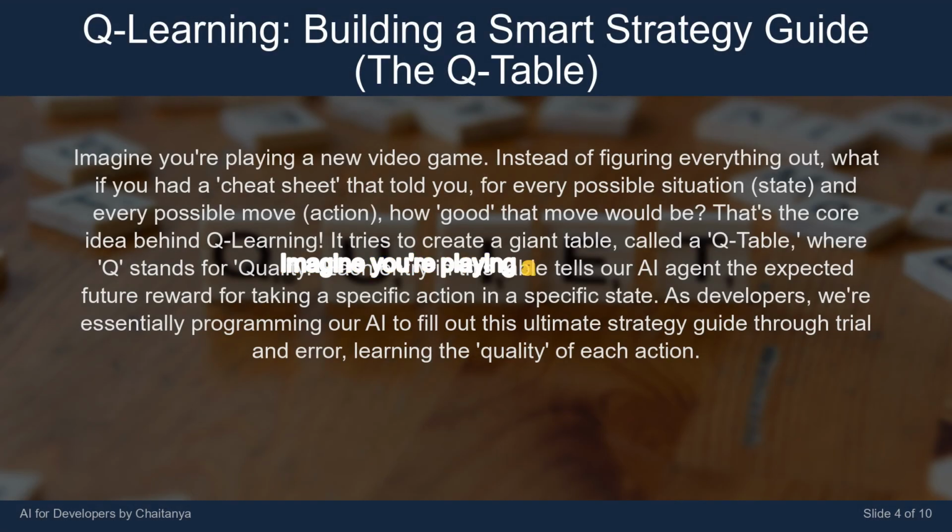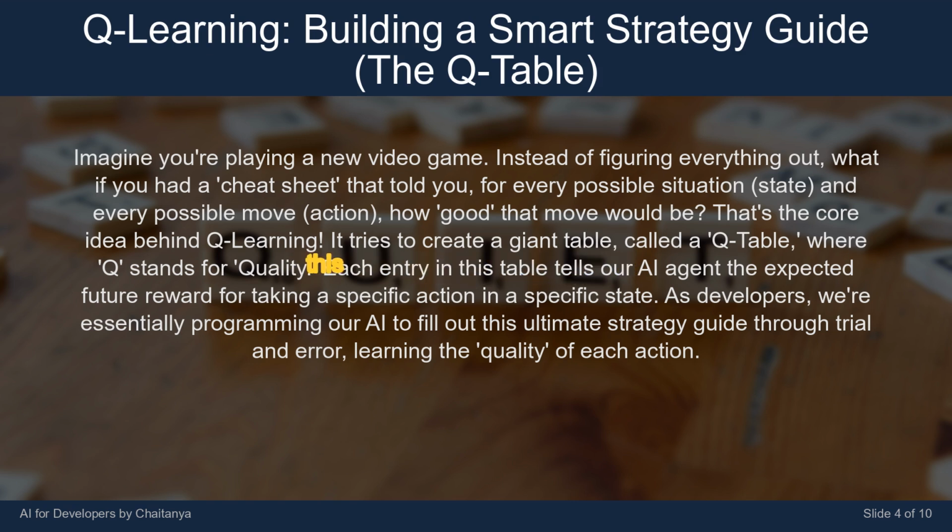Imagine you're playing a new video game. Instead of figuring everything out, what if you had a cheat sheet that told you, for every possible situation, state, and every possible move, action, how good that move would be? That's the core idea behind Q learning. It tries to create a giant table, called a Q table, where Q stands for quality.